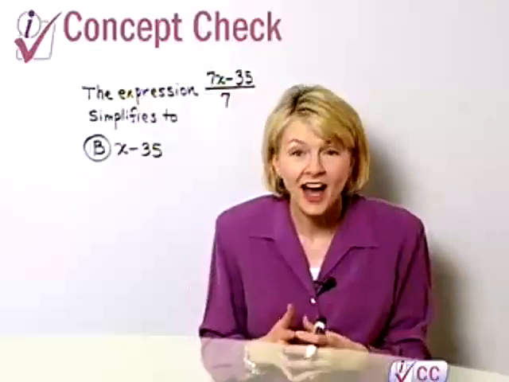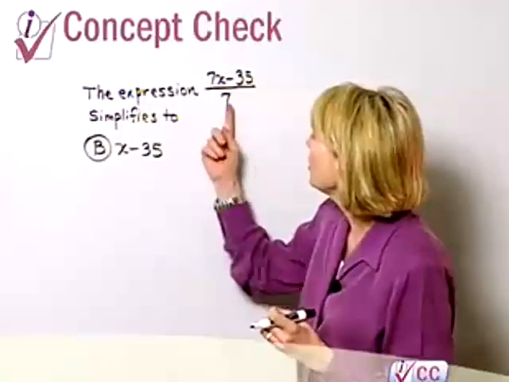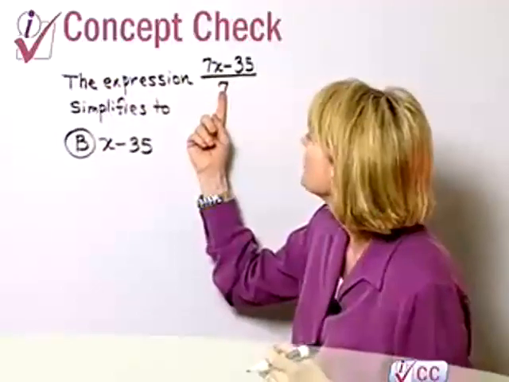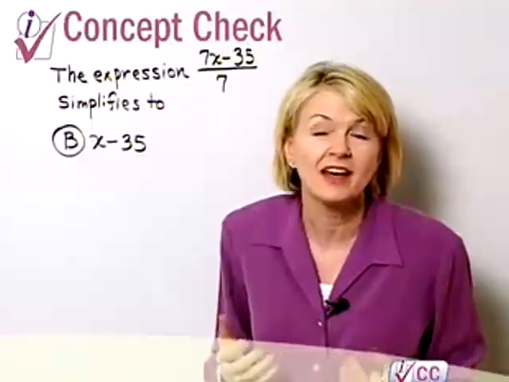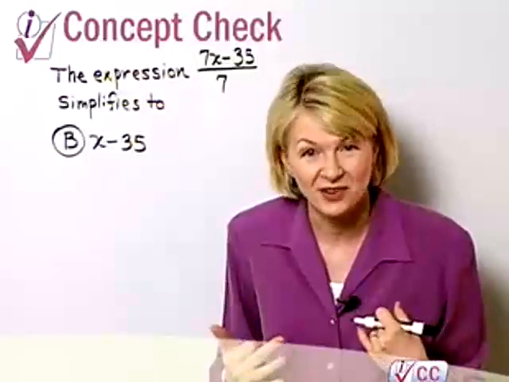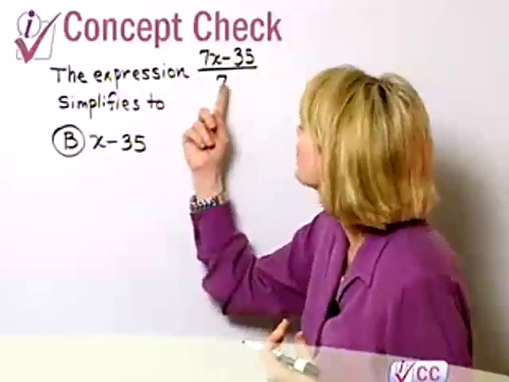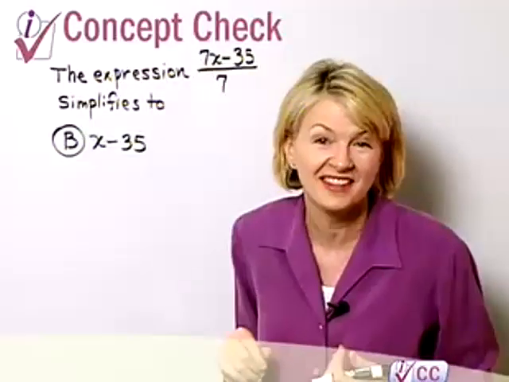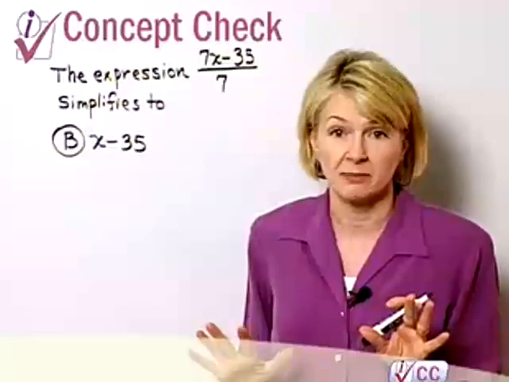Choice B is not the correct choice. Let's discuss why. Recall that you cannot divide this 7 with this 7. Although this is 7 times x, it is the expression 7x minus 35. So because of that subtraction, you cannot just divide out this 7 with this 7. What is the appropriate way? Just remember those steps.